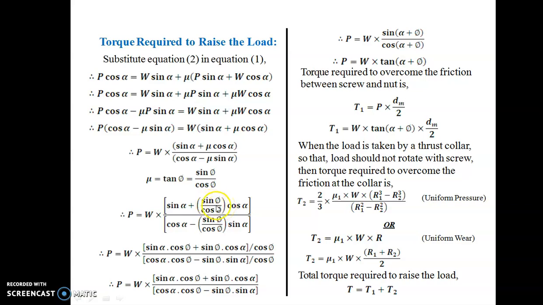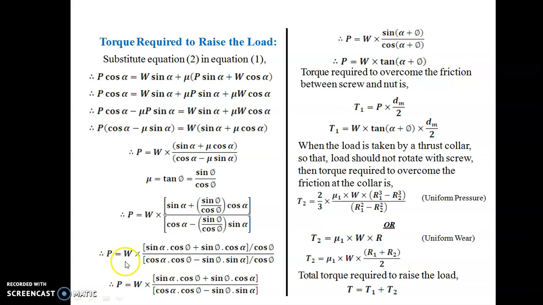So P is equal to W into (sin alpha plus sin phi divided by cos phi into cos alpha) divided by (cos alpha minus sin phi divided by cos phi into sin alpha).